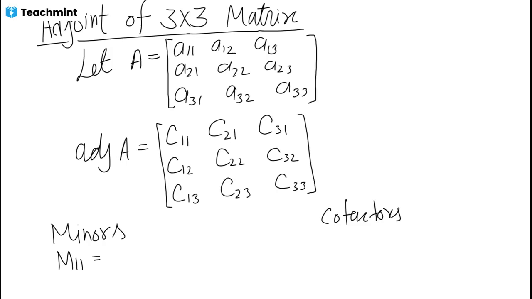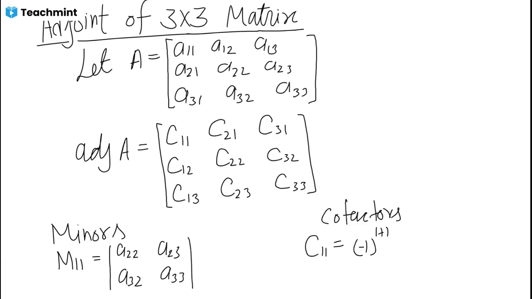So M11: just leave the elements of the first row and first column and take the rest, so A22, A23, A32 and A33. And cofactor C11 is equal to minus 1 to the power 1 plus 1, and just multiply by M11. This is the formula you can take. Here M11 is the determinant of a 2 by 2.